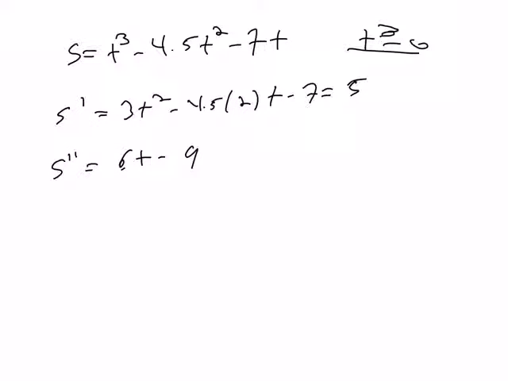So we make this equal to 0. We get 6t equals 9, or t equals 9 over 6. So before this value, the acceleration was either positive or negative, and then the acceleration turned to 0, and is probably going to change.